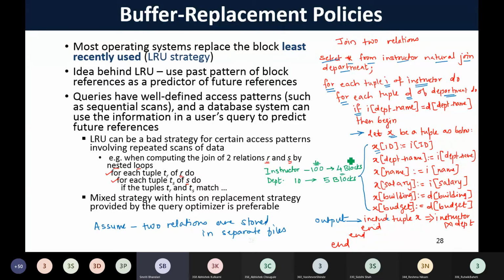So obviously, how many instructors are stored in one block? If 100 instructors are stored in 4 blocks, that means how many instructors are stored in a single block? Correct? So simply I am asking you, how many instructors are stored in one block? 25 instructors.